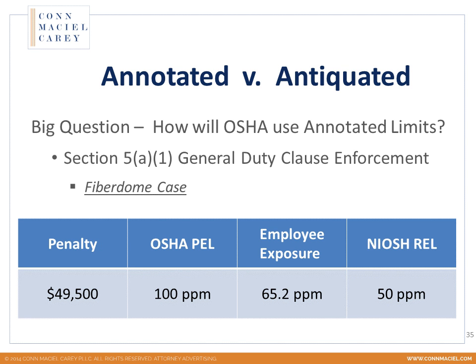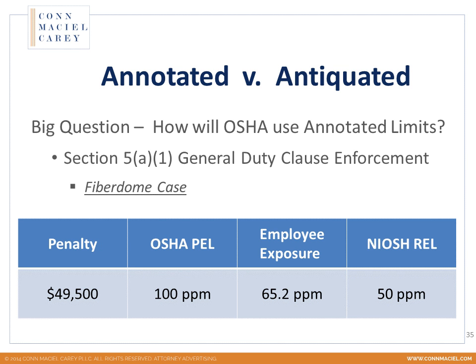an employer that engaged in activities where its employees were exposed to styrene. The PEL for styrene is set at 100 parts per million. Employee exposures at Fiberdome that were measured by OSHA in an inspection topped out at 65.2 parts per million, well below the OSHA PEL.